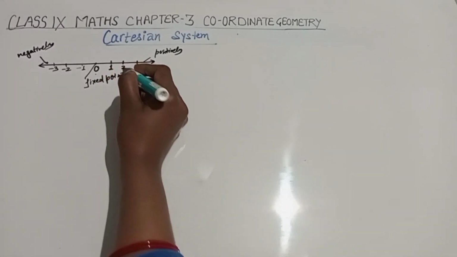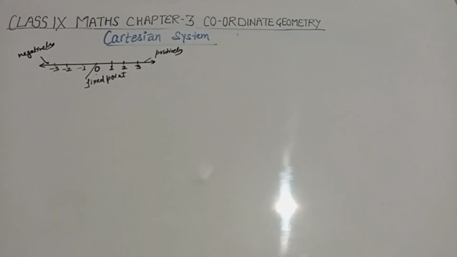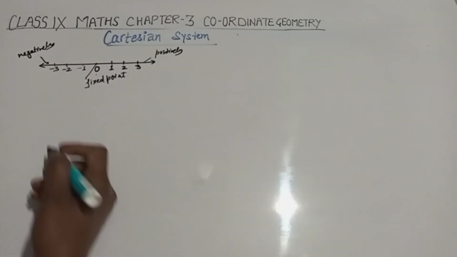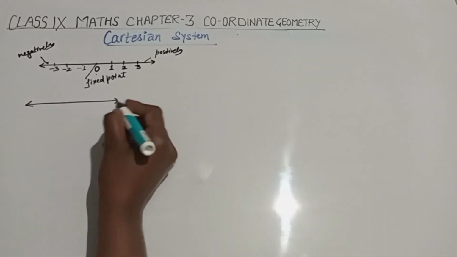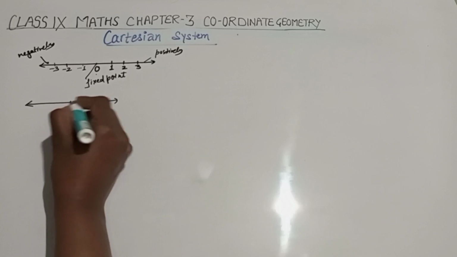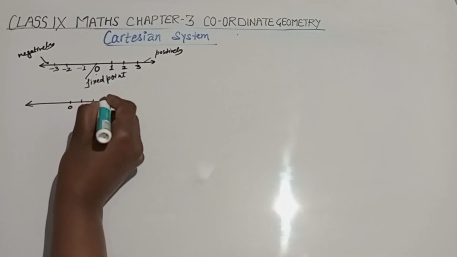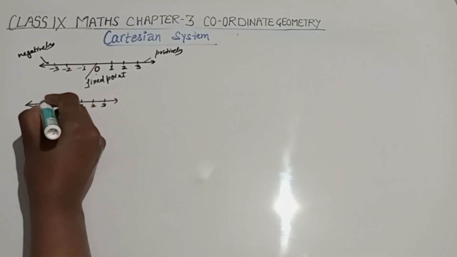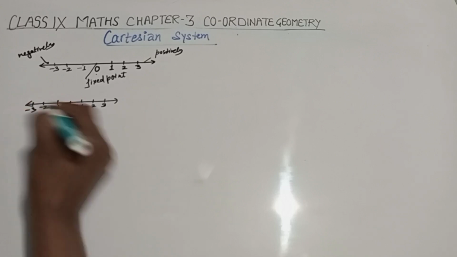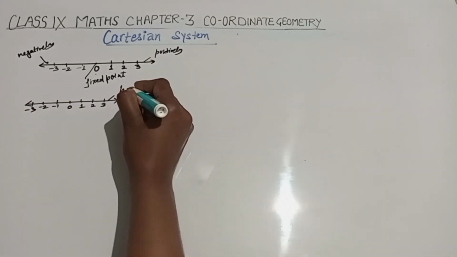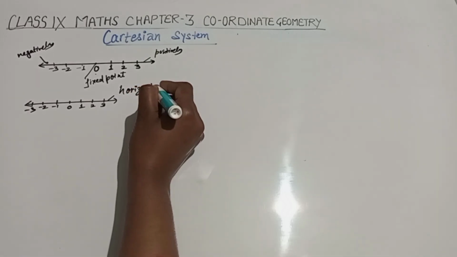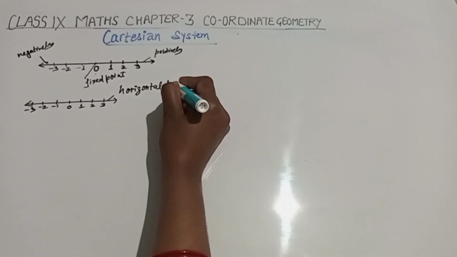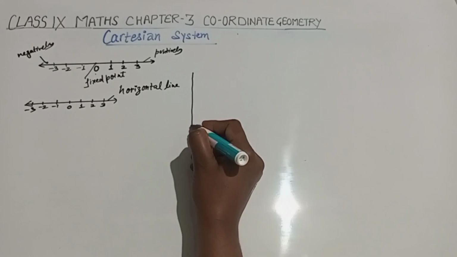Descartes invented the idea of placing two such lines perpendicular. He took two lines, with the numbers 1, 2, 3 and -1, -2, -3. This is the horizontal line, and this is a vertical line.